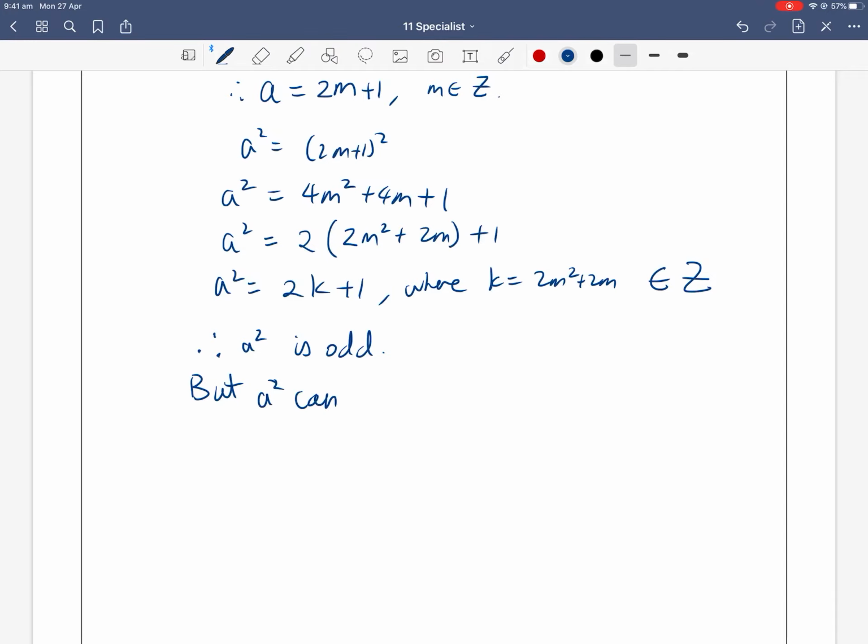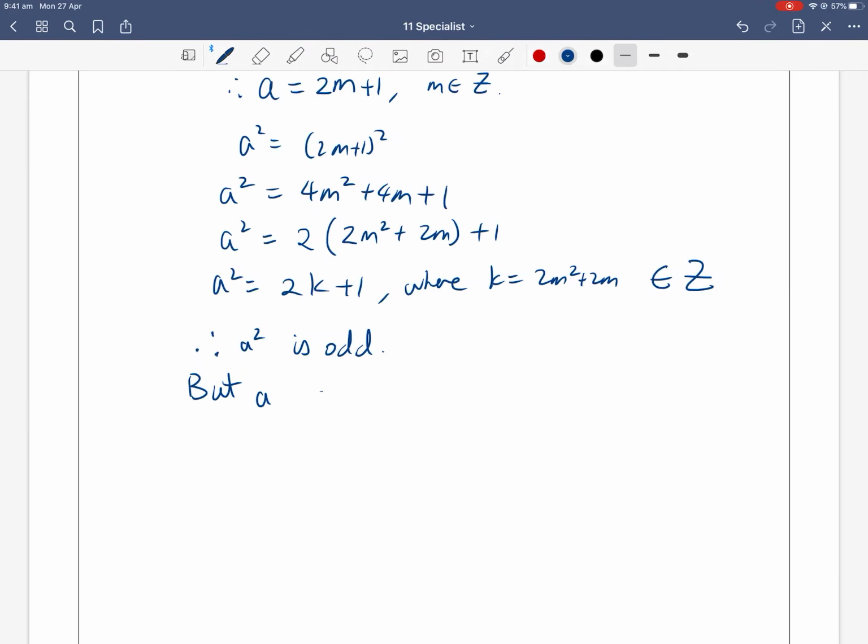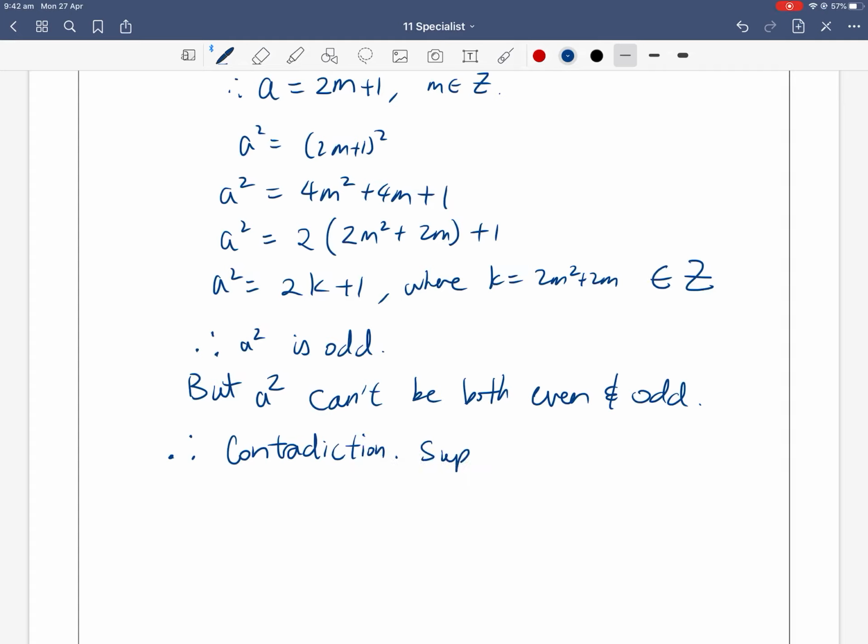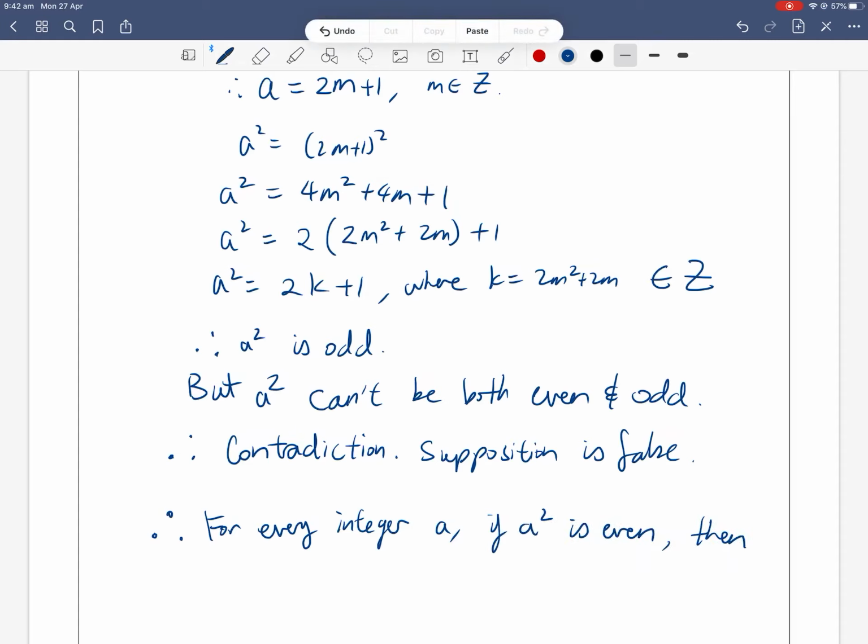So therefore, a squared can't be both even and odd, therefore contradiction. So the supposition is false. So therefore, for every integer a, if a squared is even, then a is even.